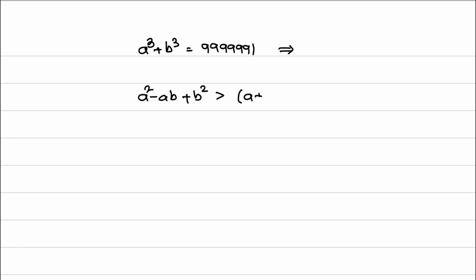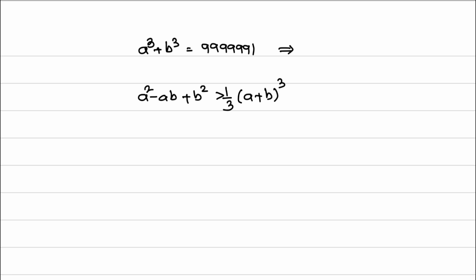Then, under any circumstances, for the given problem, a cube plus b cube is equal to 99999991. Always obey that a square minus ab plus b square is greater than 1 by 3 of a plus b whole square.